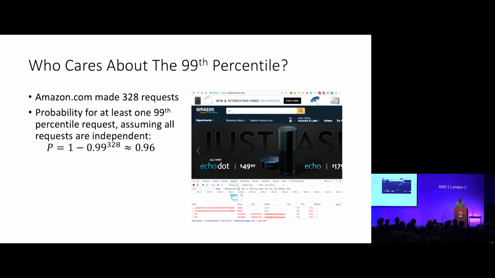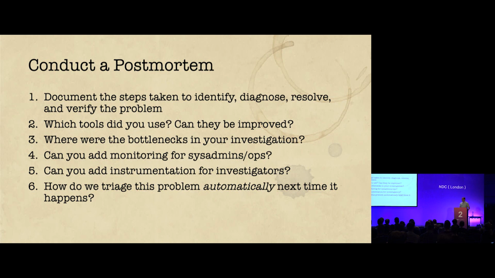So that's just a parting thought about statistics. Wrapping up, this is the final thing I want you to think about. At the end of a performance investigation, conducting a post-mortem, something I mentioned at the very beginning, is quite important. A few things I like to put on the post-mortem are what we did, what steps we took, what was effective and what was not, which tools would be useful for diagnosing this problem in the future, which tools that we didn't have would be useful and how we can maybe build them.